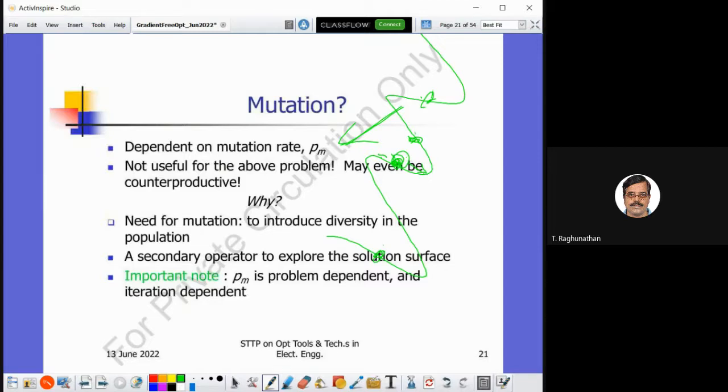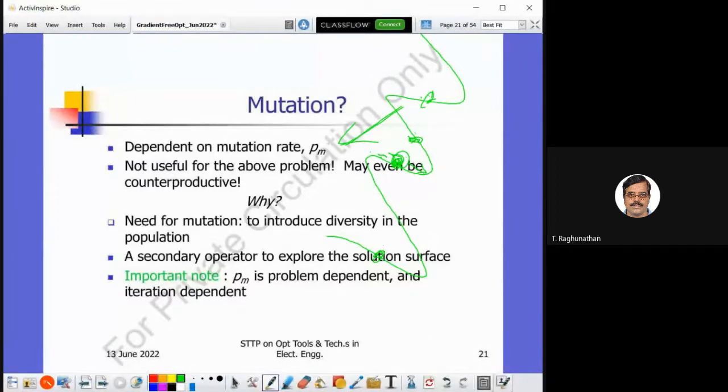Okay, it will teleport itself to a different place in the solution landscape. It's a teleportation. You remember that serial I told you. From here, it will disappear and materialize somewhere else, not necessarily adjacent to its original location. Okay, so that's mutation.